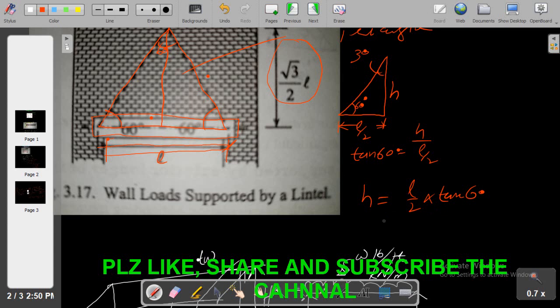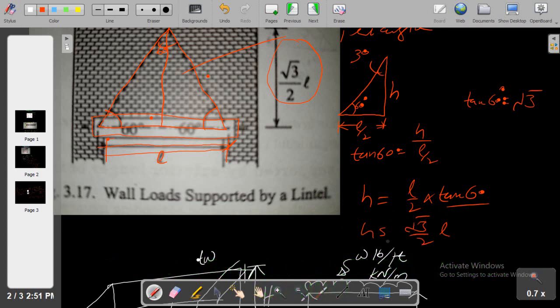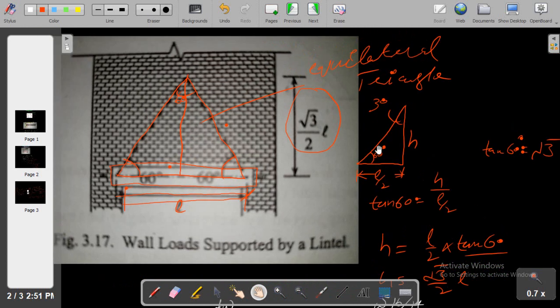And if you find the value of tangent 60, please check it, it will be equal to root 3, so that is why it is equal to root 3 divided by 2 into L. This is the way we can prove how this height equals root 3 divided by 2 into L. Now we need the area of this triangle multiplied by the thickness of this triangle, that is TW, and we get the weight of that triangle.